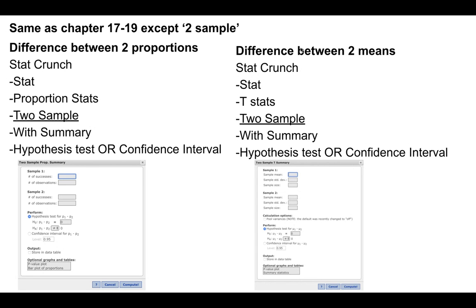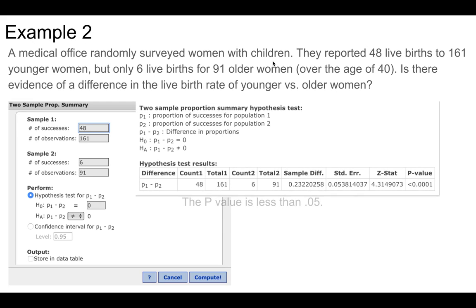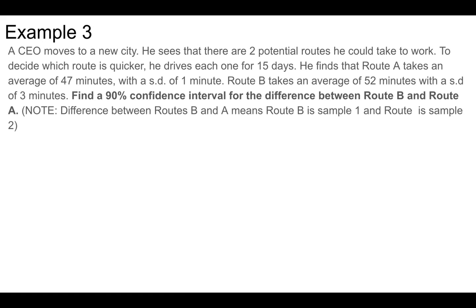For this one, we are doing the difference between 2 means because we are looking for the difference in which one takes a shorter average time.